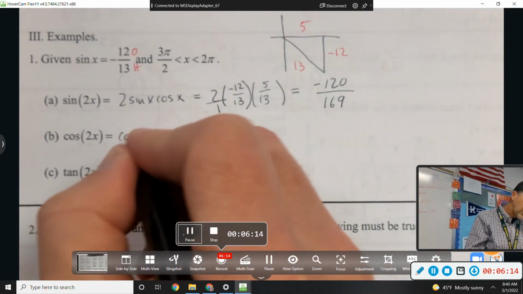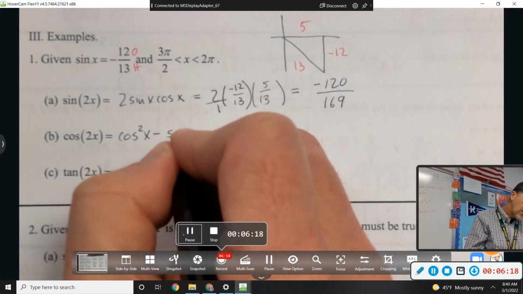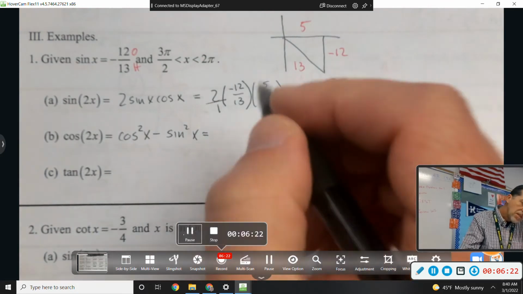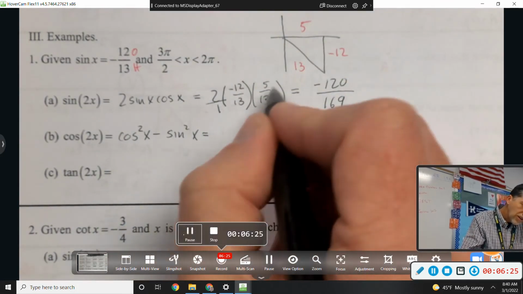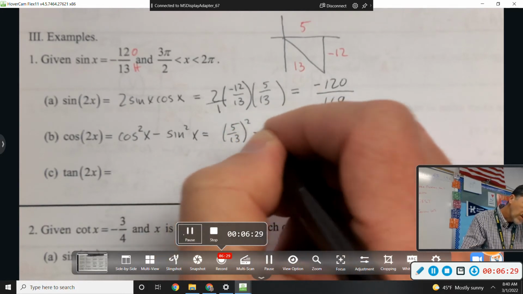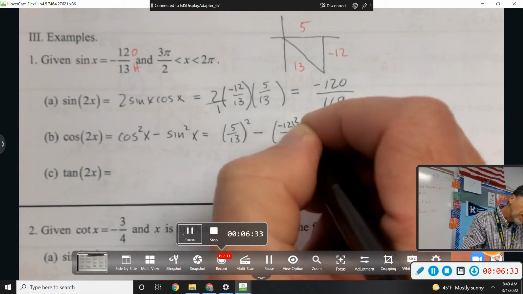Cosine of 2x. Cosine squared x minus sine squared x. So cosine squared, we already found this somewhere. 5/13 squared minus negative 12/13 squared.